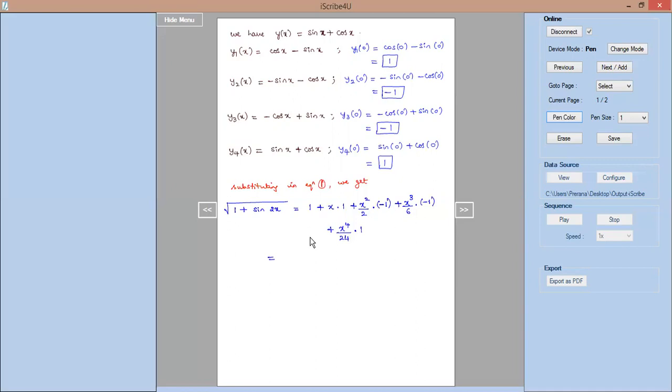So on simplifying this, we obtain square root of 1 plus sine 2x is equal to 1 plus x minus x square divided by 2 minus x cube divided by 6 plus x power 4 divided by 24.